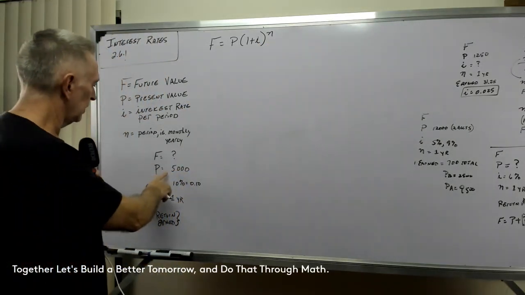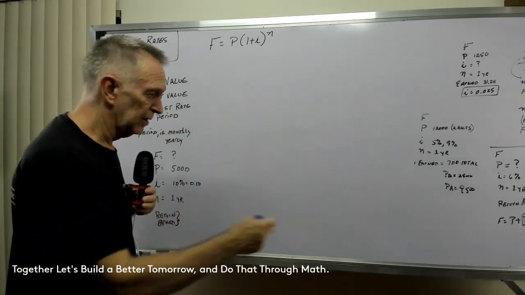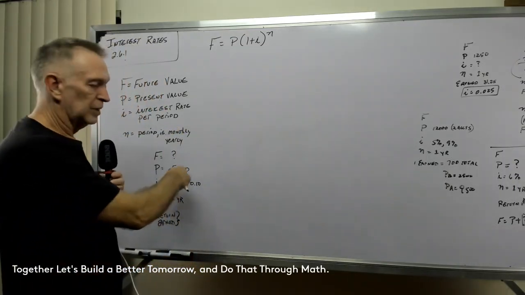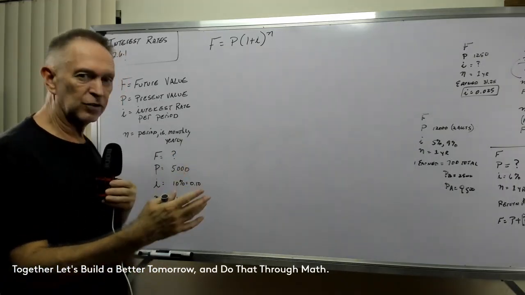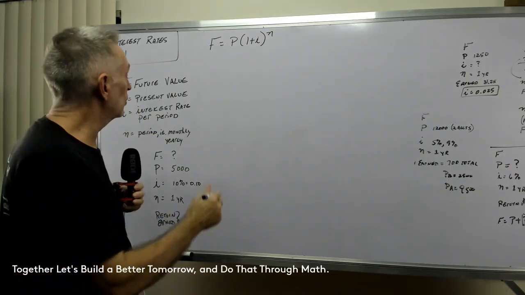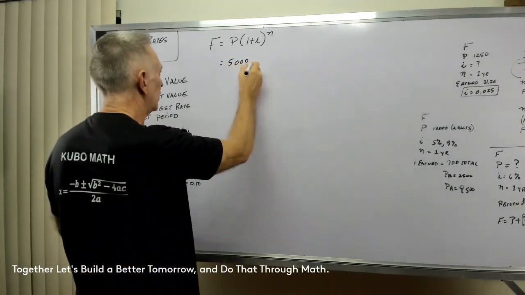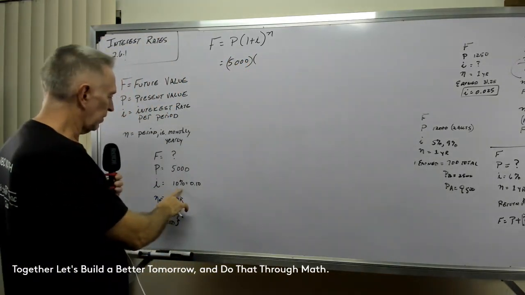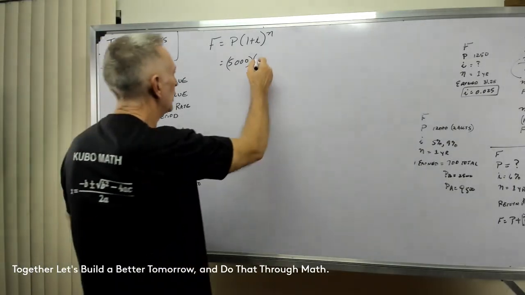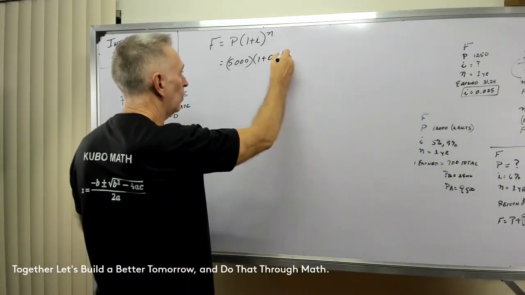Let's assume that our present value, our money today, is 5,000, depending on where you are in the world, rubles, pesos, dollars, whatever. So just insert your money there. So let's say we have 5,000 of your money, and our interest rate is 10%. 1 plus 10%, which is 0.1, right?